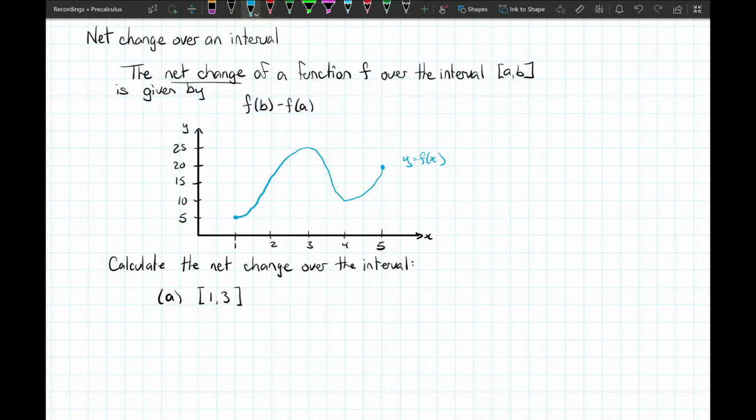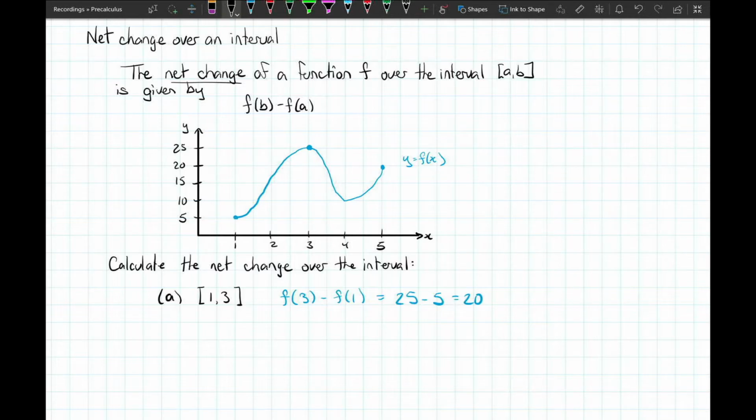We've got the point at (1, 5), and we've got a point at (3, 25). So when we subtract f(3) minus f(1), we are simply subtracting the y-coordinates, which gives 25 minus 5 for a net change of 20 units.